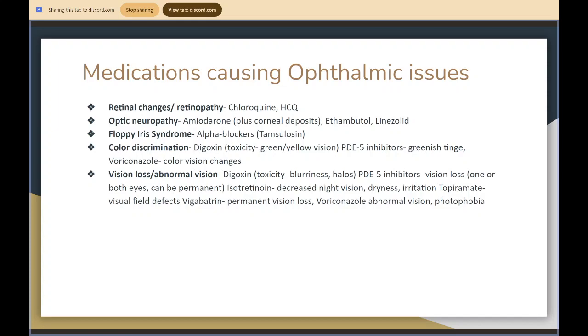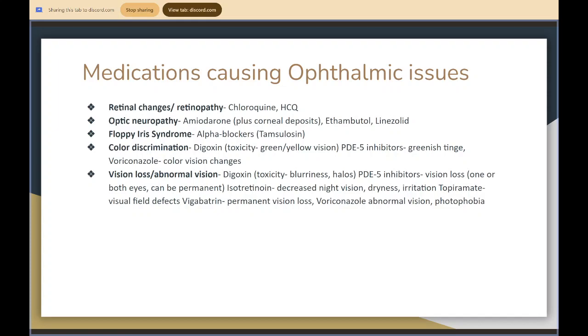Next, we have medications that can cause vision loss or abnormal vision. Once again, digoxin toxicity, patient will complain of blurriness or halos. PDE5 inhibitors can cause vision loss, unilateral or bilateral, and this can be permanent.